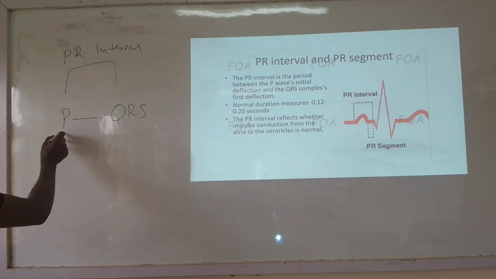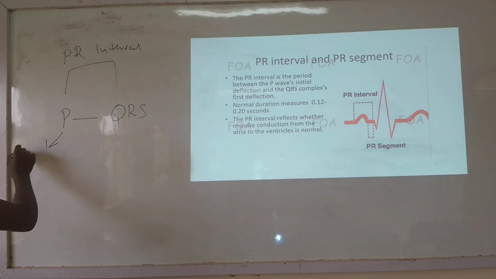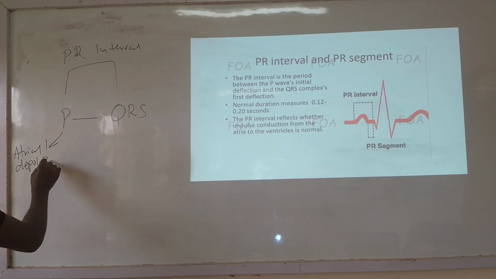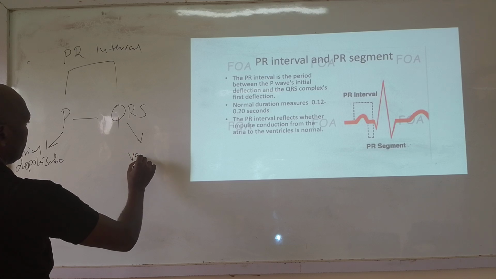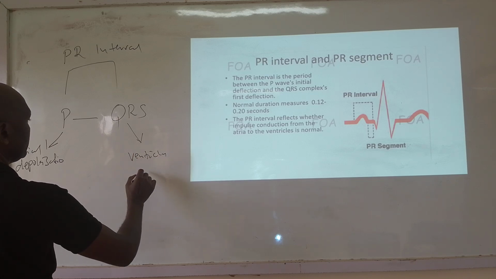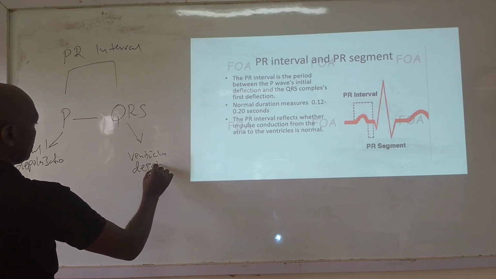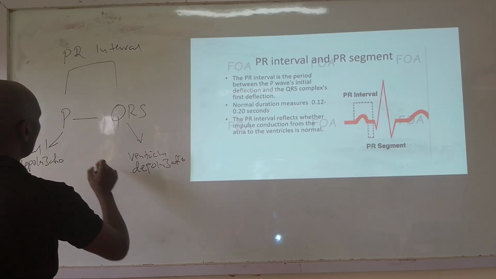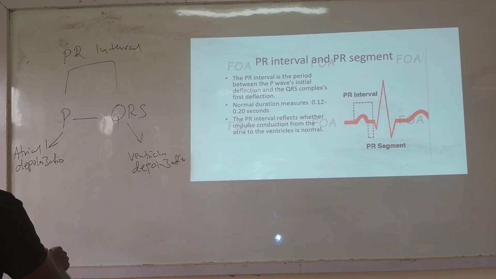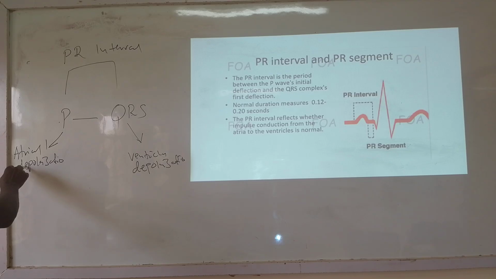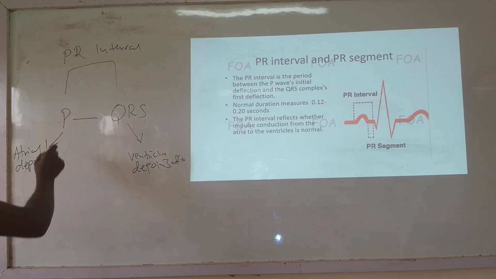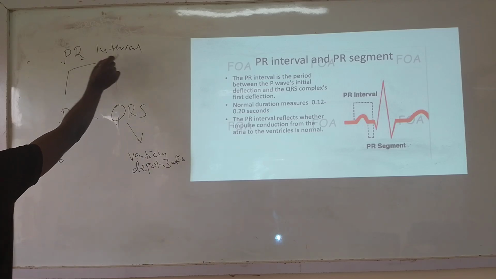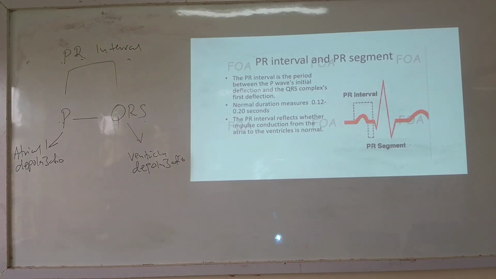Remember, this one is for atrial depolarization, while this one here is for ventricular depolarization. So from P to QRS, that is from the completion of atrial depolarization to ventricular depolarization, that period is what we call the PR interval.